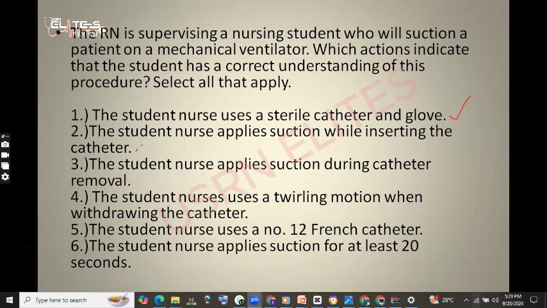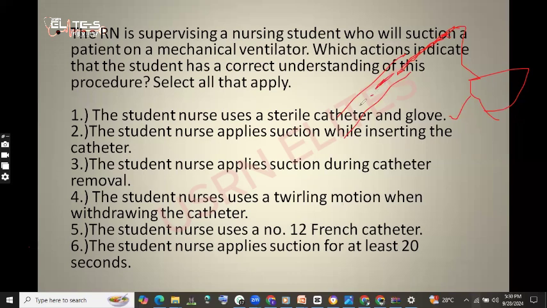So when you are inserting your suction catheter into the endotracheal tube, consider the suction catheter to be like an NG tube. It's slender, connected to your suction machine. When you are inserting it into the endotracheal tube, you don't apply suction.